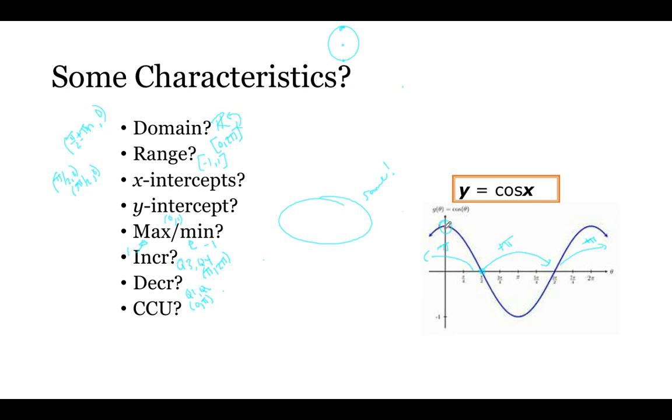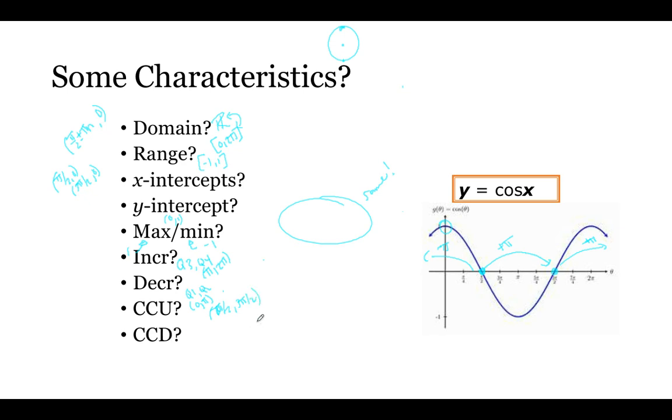Concavity. It's concave up from, it's pretty much concave up this whole time, isn't it? I don't want to talk about this very much. I don't like this question. It changes concavity at these points. So it's going to be concave up from 3 pi over 2 to 3 pi over 2.